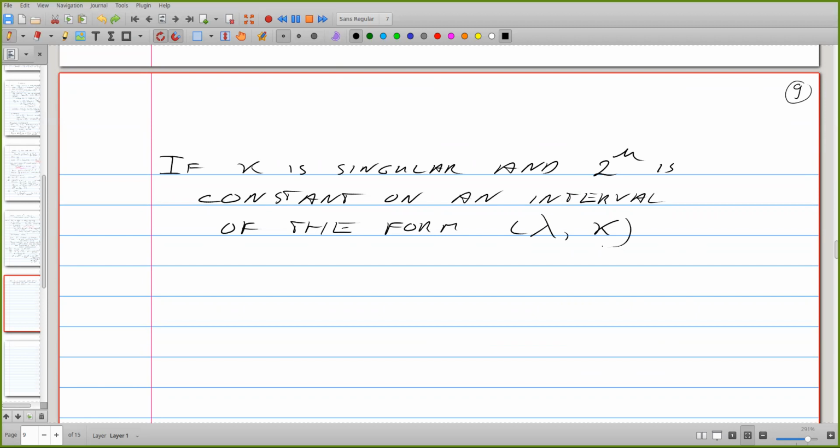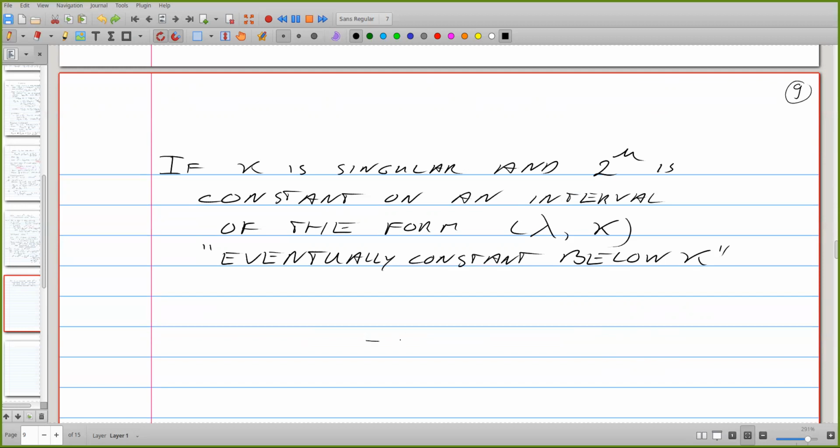Suppose you have a singular cardinal kappa and you know that the continuum function is constant on an interval that ends in kappa. Jech expresses this as eventually constant below kappa. So 2 to the mu is constant on an interval of the form lambda to kappa.